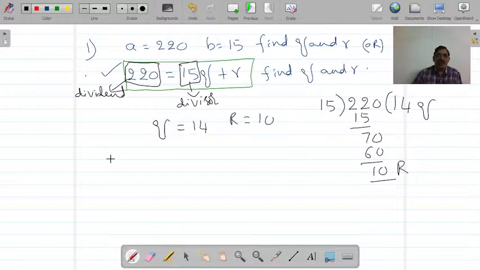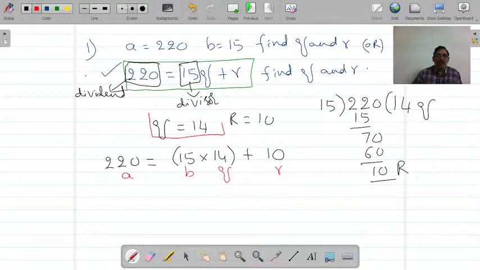How do we write this? 220 is equal to 15 into 14 plus 10. Here you can see this like A is equal to BQ plus R. You compare, this is A, this is B, this is Q, this is R. So that's how you can see Q is equal to 14 and R is equal to 10. A simple problem. You don't find any difficulty in solving such type of problems.